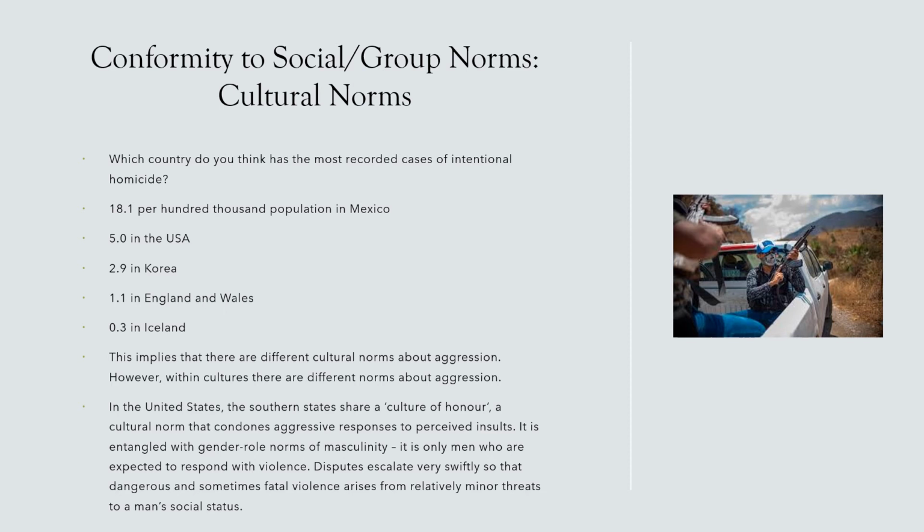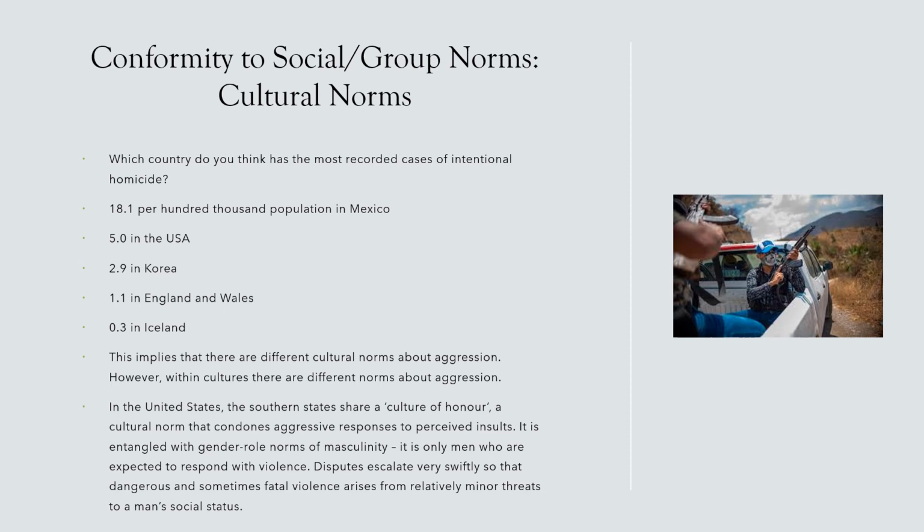However, it's entangled with gender role norms of masculinity, and it's only men that are expected to behave in this way, to respond with violence. If women get insulted, they're not expected to lash out physically.